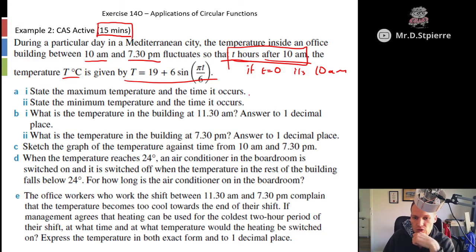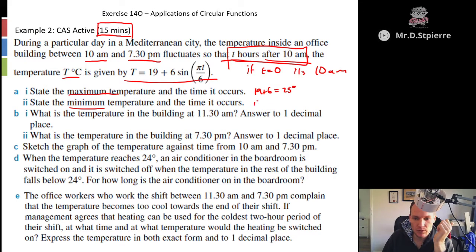Okay, how could you do it on CAS? Well, you could graph it. State the minimum temperature and the time it occurs. Graph it. Okay, stating the maximum and the minimum, we can do exactly the same as the last problem without even having to touch our CAS and do it really quick. Well, the maximum is going to be 19 plus 6. It's going to be 25 degrees.